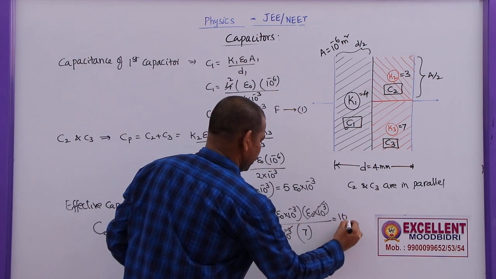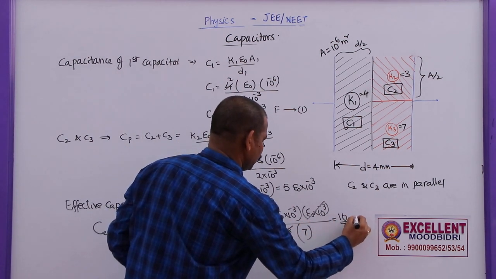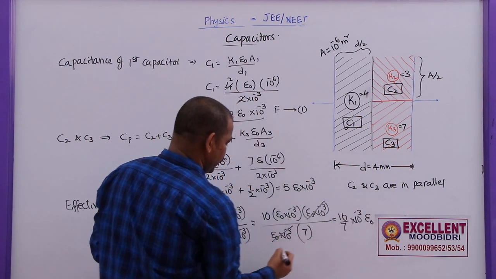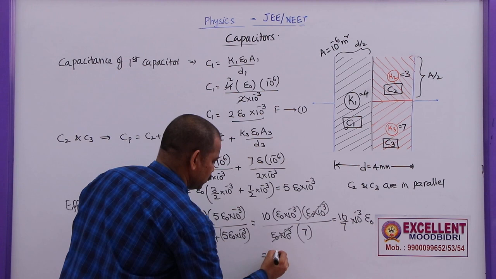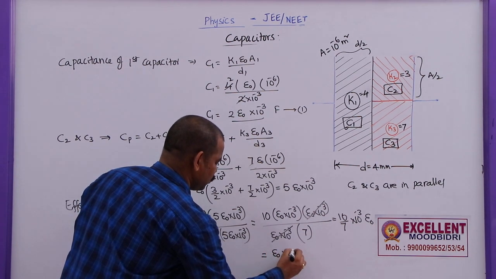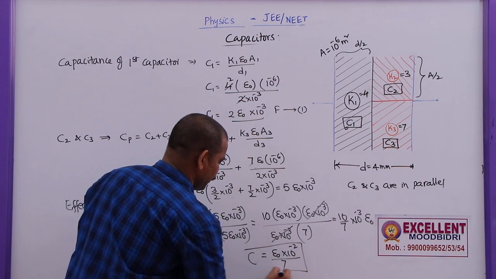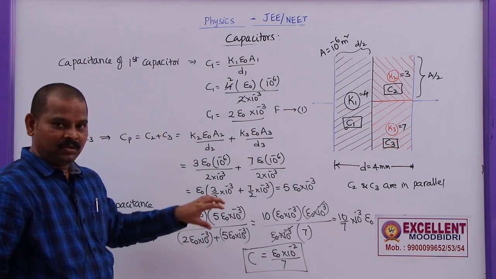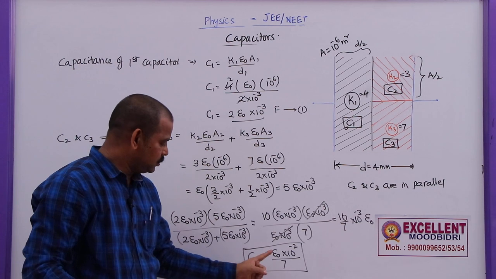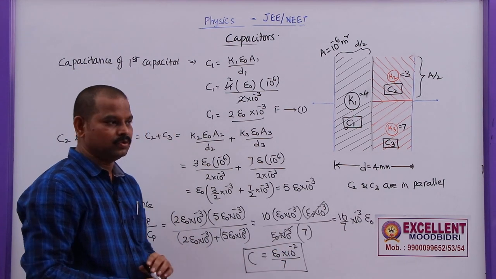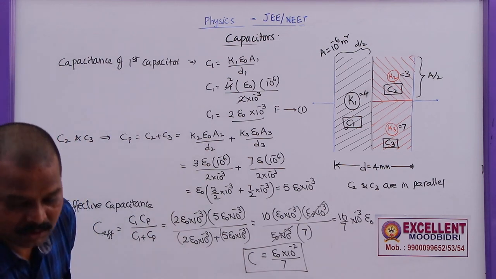This will become 10 by 7 into 10 power minus 3 epsilon naught. So this is 10 power minus 2, so this is epsilon naught into 10 power minus 2 by 7. So this is the effective capacitance. Now in the options, if the answer is given as epsilon naught into 10 power minus 2 by 7, you can choose this one, or you can write this also.